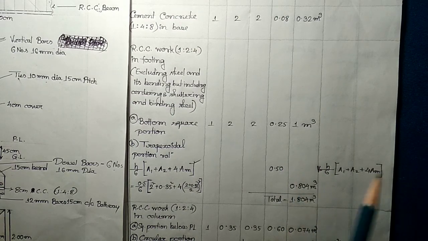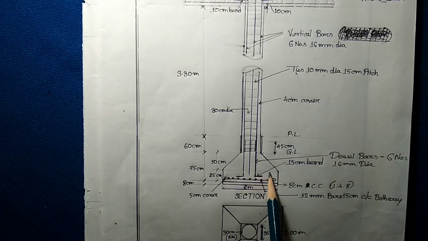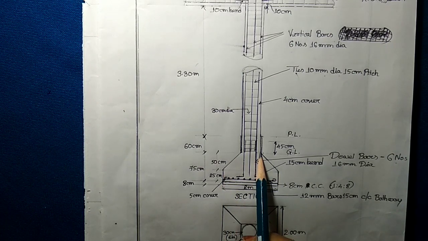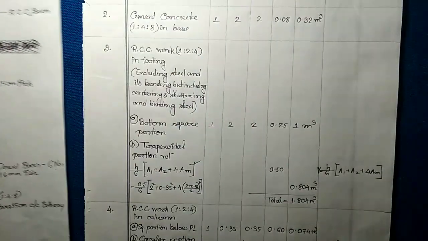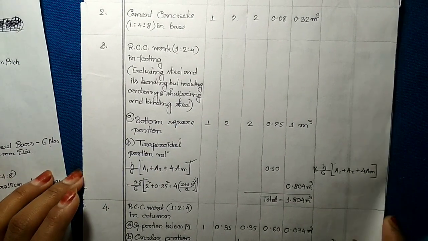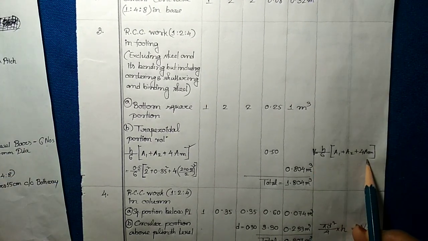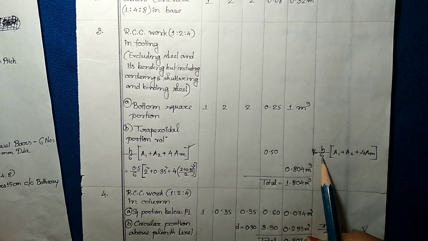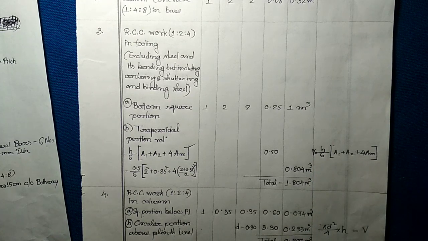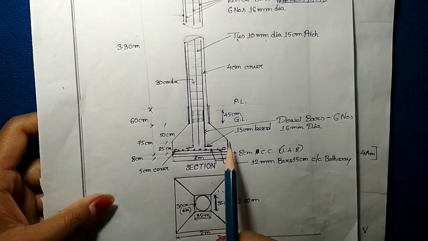So for the trapezoidal section, this is the bigger edge and this is the smaller edge and this is the slanting. So for trapezoid we are going to use this formula to find the volume. Volume equal to h by 6. H is the difference between these two edges.